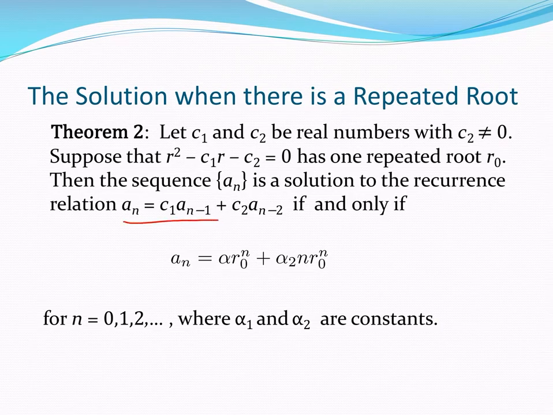My recurrence relation is given here with this characteristic relation here. But in this case, we're going to have a single repeated root, r0. In that case, A sub n is a solution if and only if it obeys this form, alpha 1 r0 to the n, and alpha 2 times n r0 to the n.